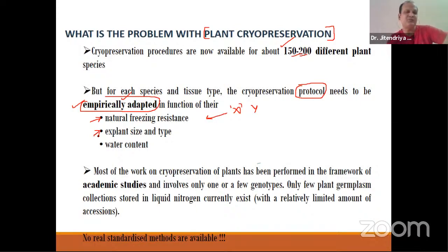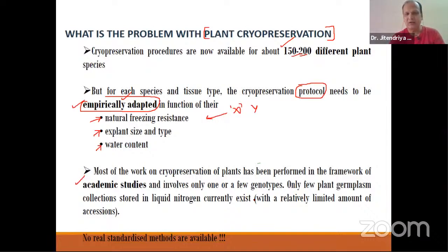In some cases, if you are going for nodal culture, in other cases, shoot tip can be preferable. And also, you have to be cautious how much water is available in that tissue so that during the dehydration process, it should be tolerable. So for that reason, mostly during academic studies, it is being utilized.